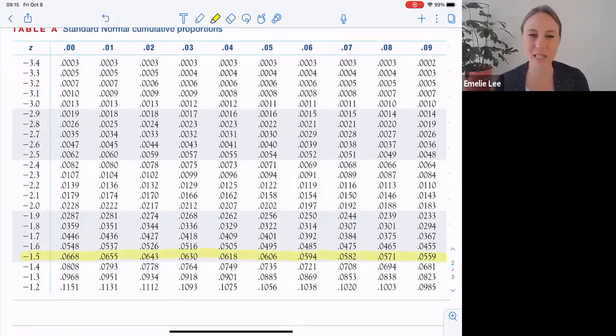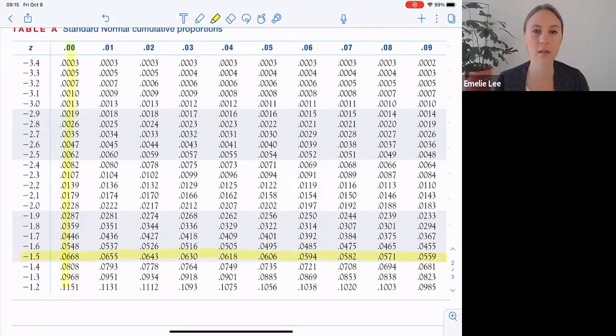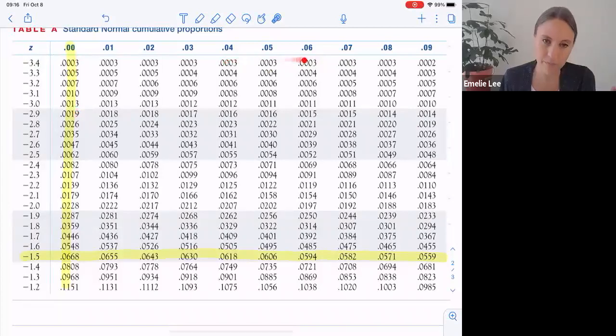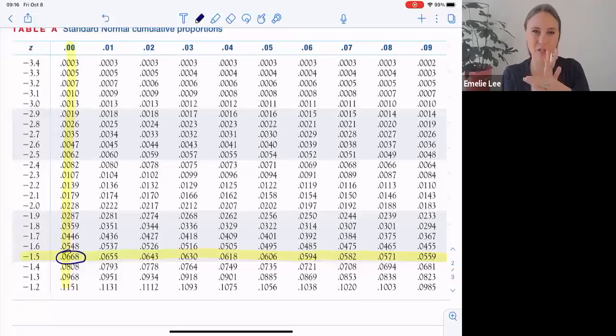But then because my second decimal place is 0, that's when I go for this column here. One mistake that I see quite often is that people just use the 0.00 column. You don't make use of the second decimal place. In this case we're using 0 because that is our second decimal place, but you want to be taking advantage of the second decimal place. So at the intersection, we find 0.0668.